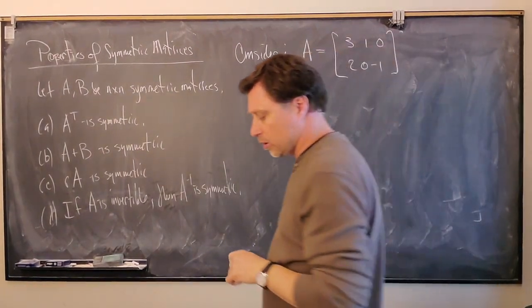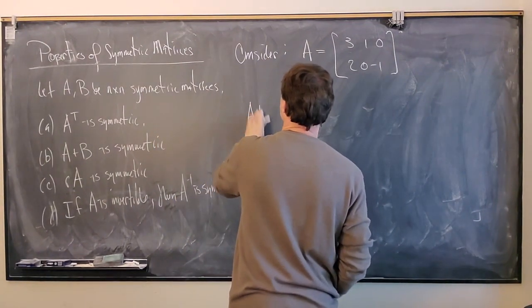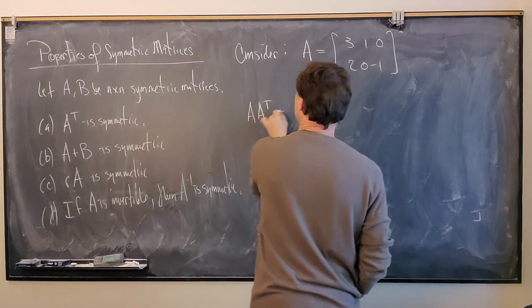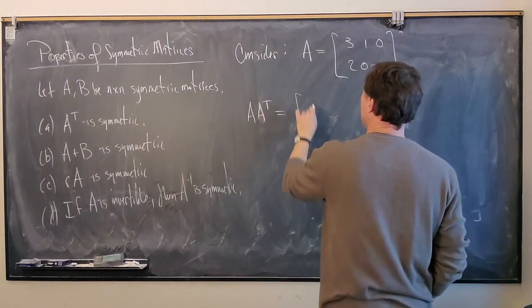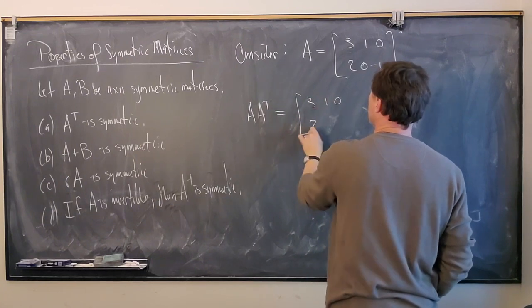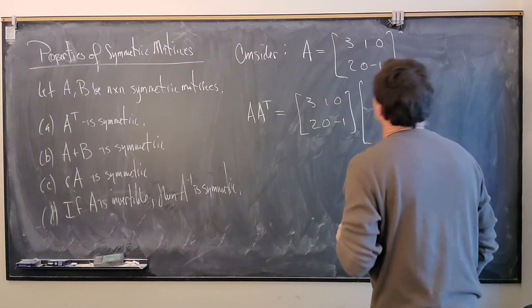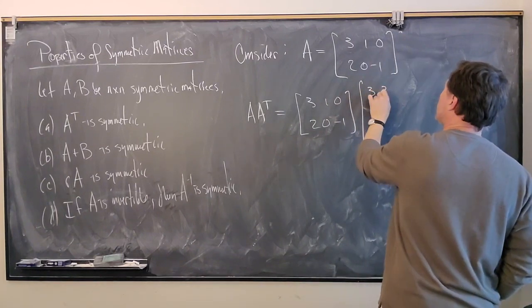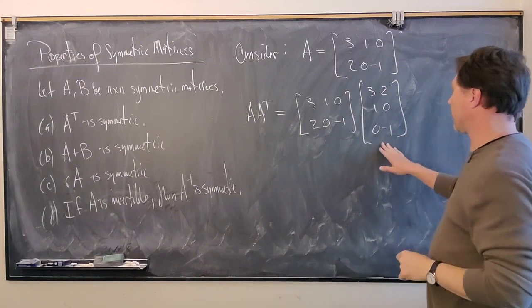And what I'd like to look at is, well, let's first look at A times A transpose. So that's going to be 3, 1, 0, 2, 0, minus 1 times 3, 2, 1, 0, 0, minus 1. All right, so here's A transpose.